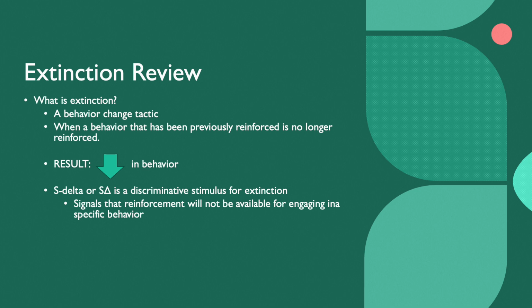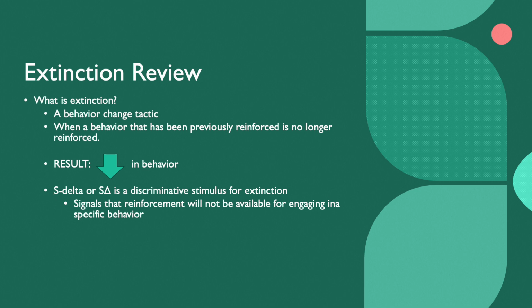And then this should be a review for you all, but you have learned about the discriminative stimulus for extinction in previous courses. The discriminative stimulus for extinction is the S delta, which you could see denoted like this. And the S delta is simply a discriminative stimulus that signals that reinforcement will not be available for engaging in a specific or particular behavior.